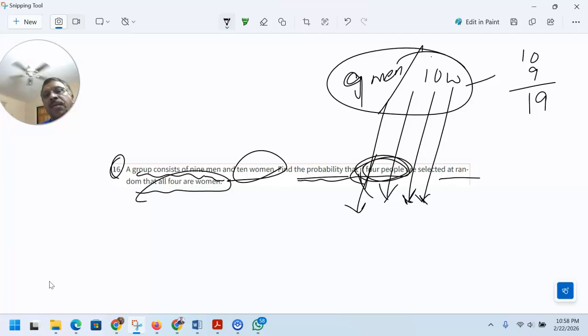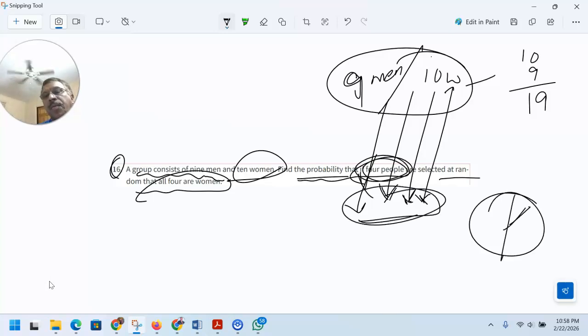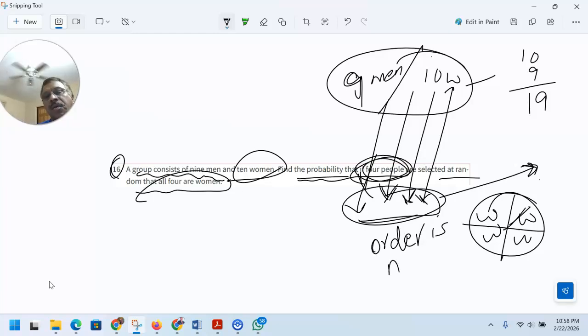The first one is a woman, the second one a woman, so all four are women. It's like a group where all are women. This doesn't mean that order is important. Here order is not important. It is just a group of four people. That means there are two parts here.